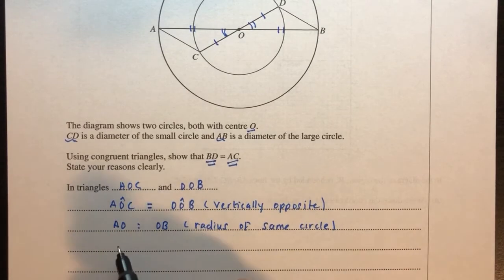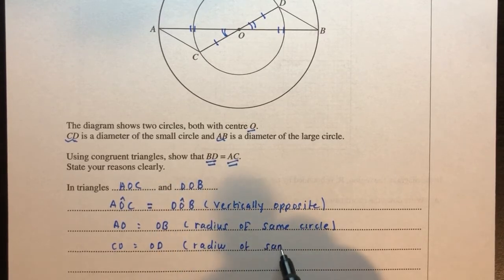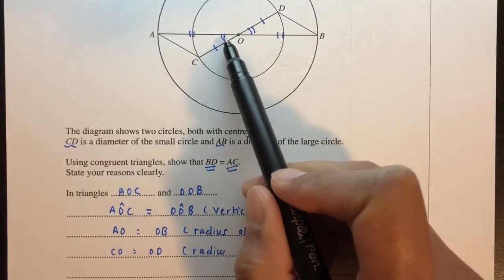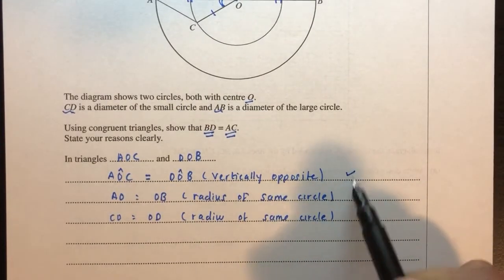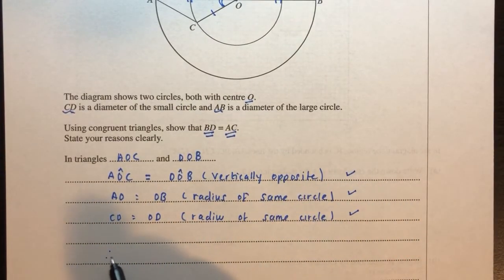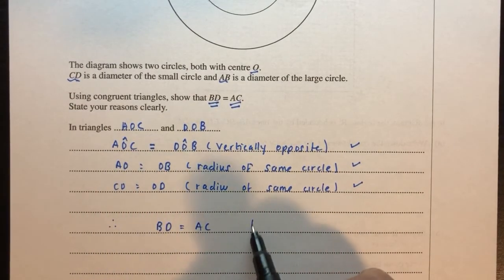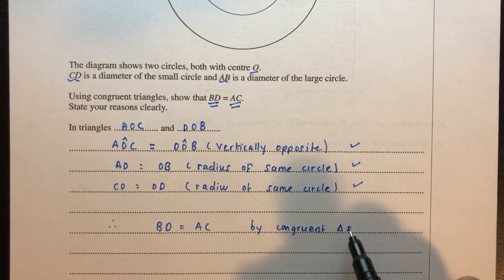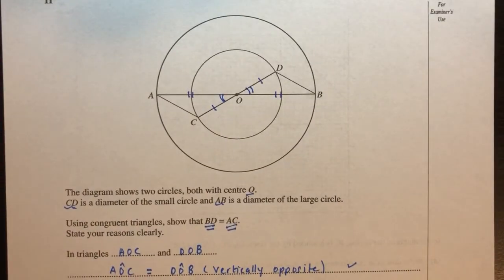So write down CO is equal to OD because they are radius of same circle. So once you prove these 3 points, you have shown that BD equal to AC by congruent triangles. Okay, so 3 points will be for 3 marks. That is question 11.